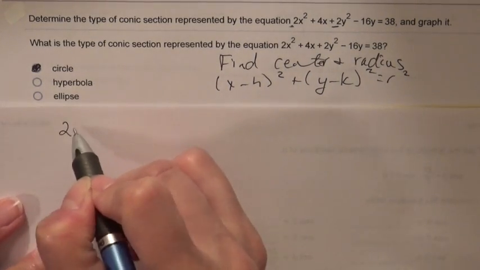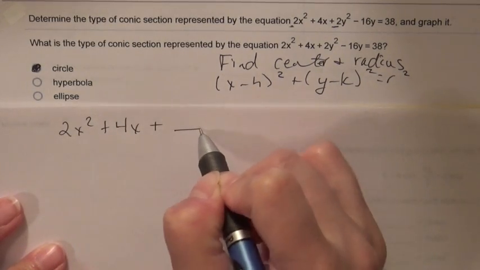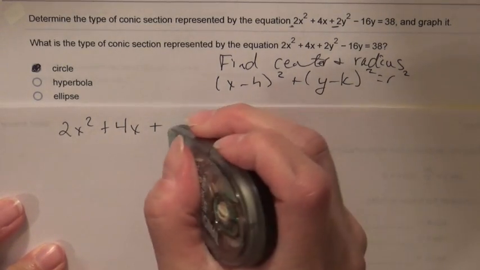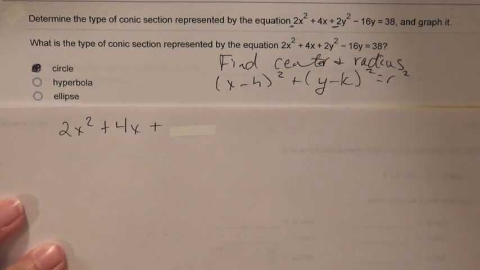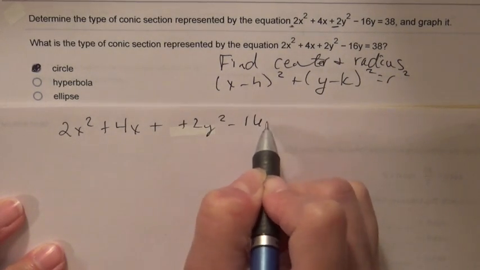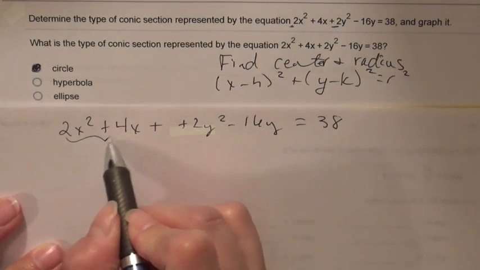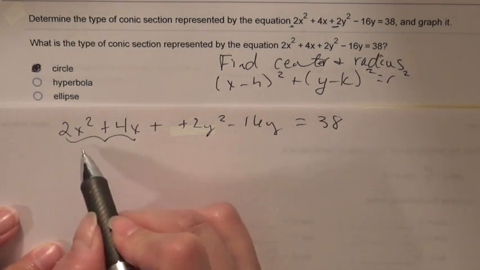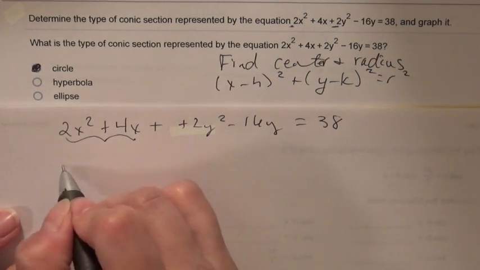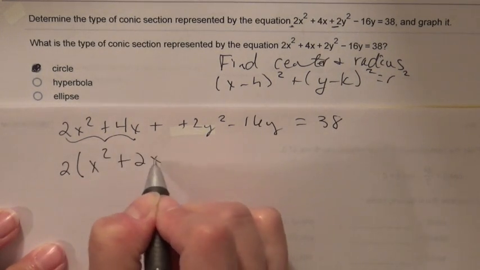So I'm going to do 2x squared plus 4x, plus 2y squared minus 16y equals 38. Looking at the first two terms, we need a leading coefficient of 1, so we're going to factor out a 2, and that leaves x squared plus 2x.